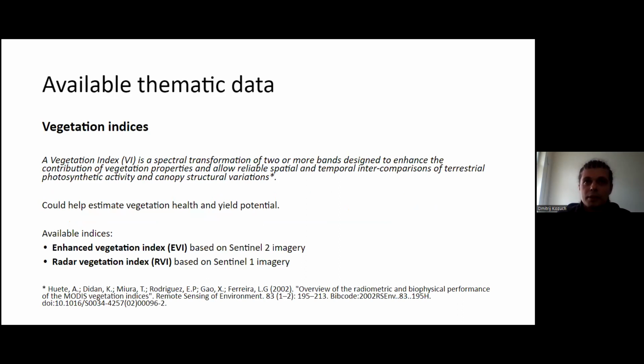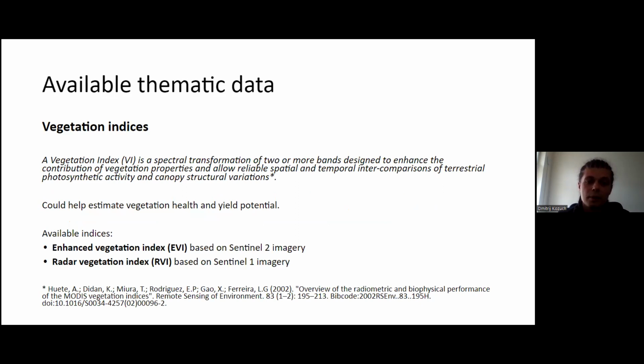In this presentation, I will show you how these zones are calculated based on semantic data from publicly available data sources, from the Copernicus program. It's Sentinel-2 and Sentinel-1 imagery.